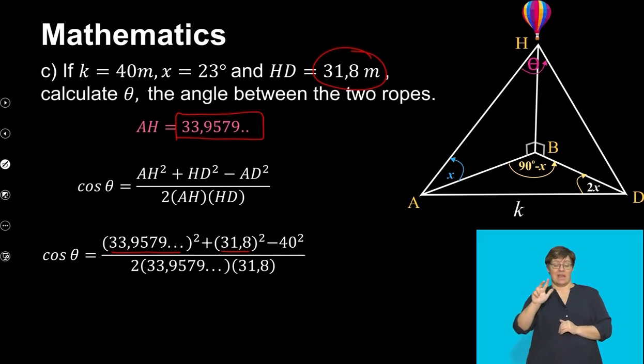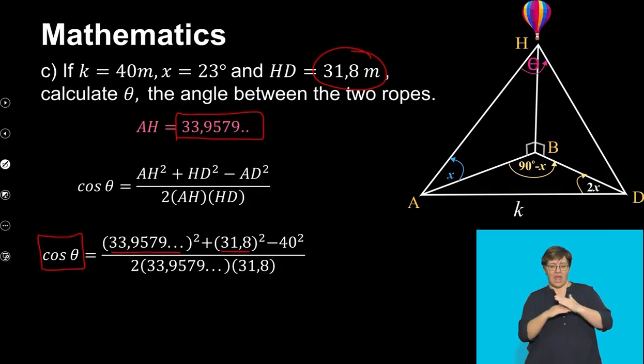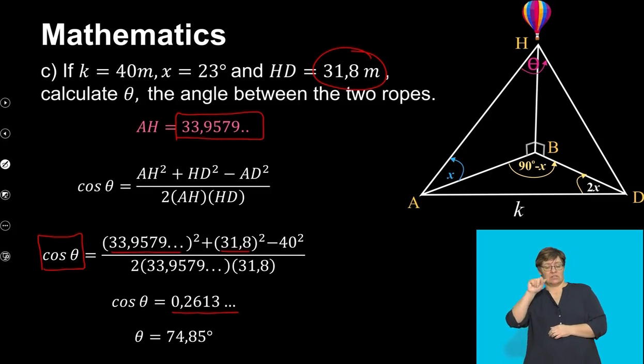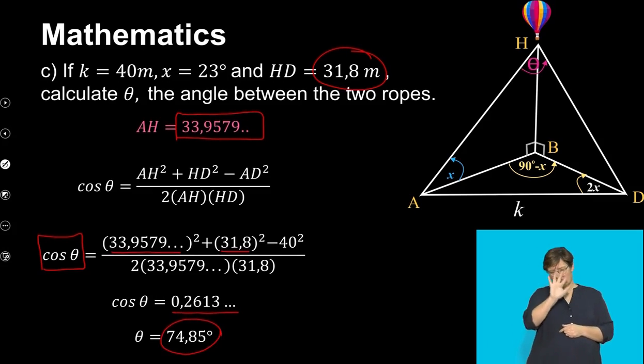And remember again, because we're finding cos of theta, when we're doing our calculator work, we've got to use shift cos when we're finding the angle. So basically we're going to end up with cos of theta equals this expression here, and we're going to find theta from there, and we're going to end up with theta roughly equal to 74,85 once we've rounded off to 2 decimal places.